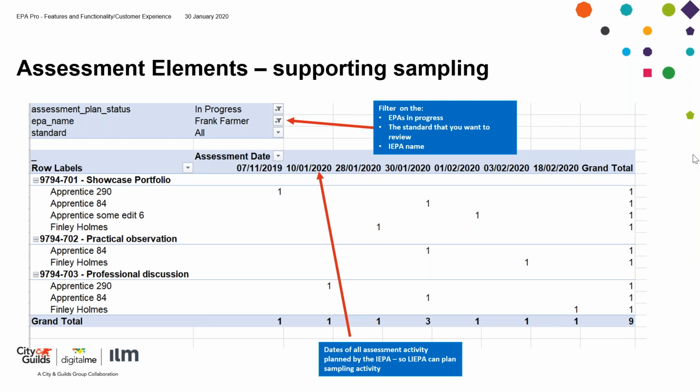Okay, so let's continue. I'm hoping we should motor through at this point. We've just finished talking about the reports and the tools that you as an IEPA can use to help you manage workflow at larger numbers.